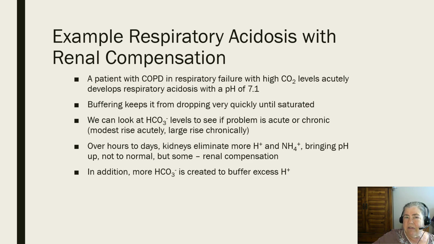It takes hours to days for the kidneys to kick in and get rid of more titratable acid and fixed acids, so hydrogen ions that are buffered by phosphate and ammonium. And this brings the pH back up some, not to normal, but some. Why does it take time?